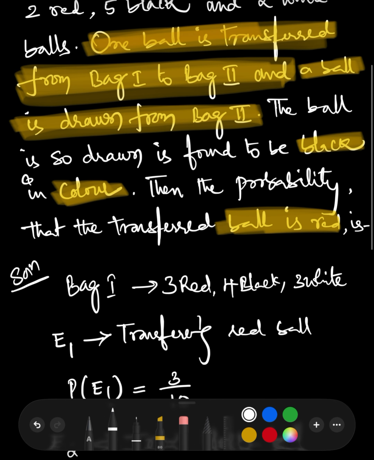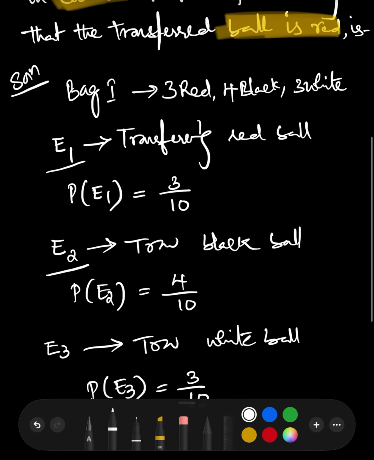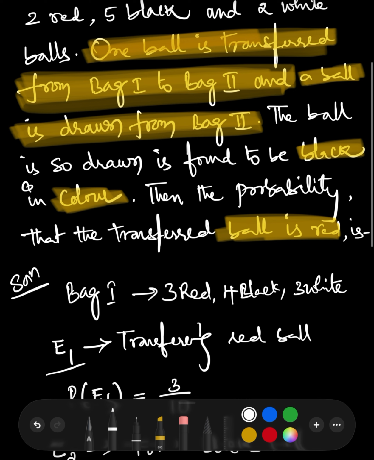Here the starting event is that the ball has to be transferred from bag 1 to bag 2. That is about E1, E2 and E3. Why three events here is, the one ball we have to draw, that ball may be a red ball, that ball may be a black ball, or that ball may be a white ball, right?